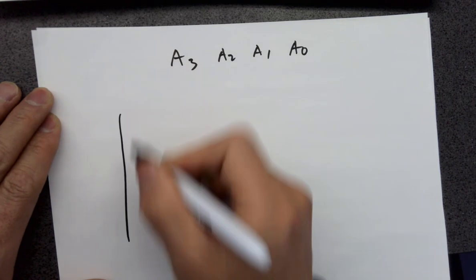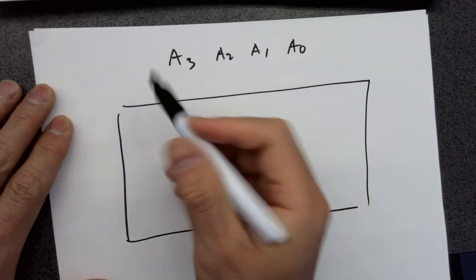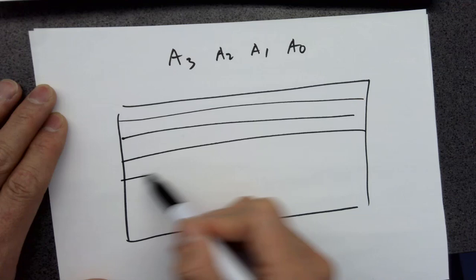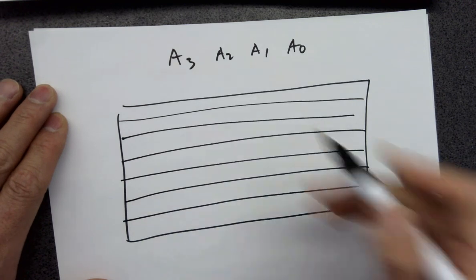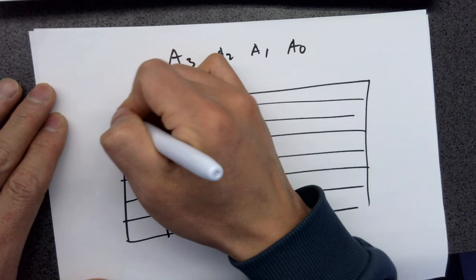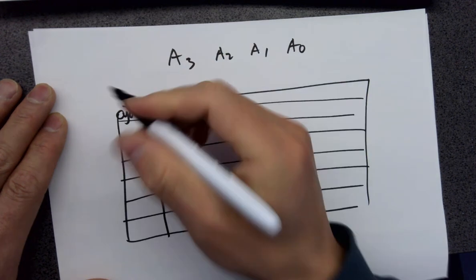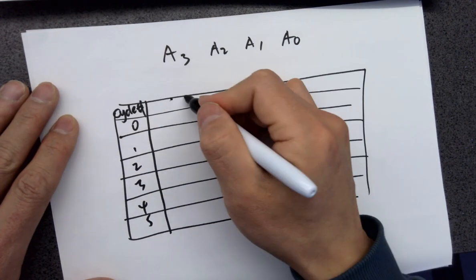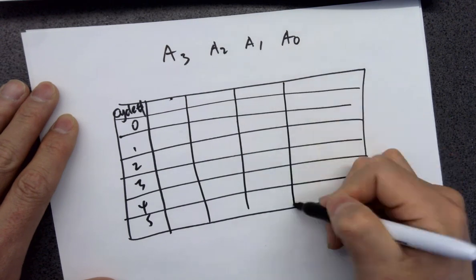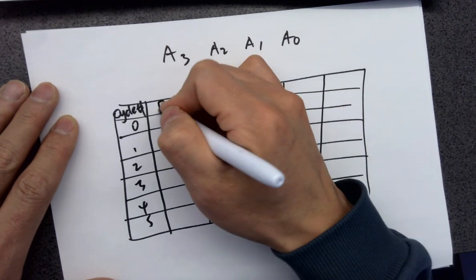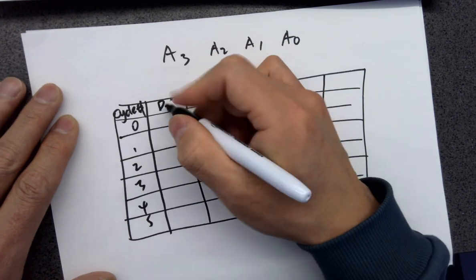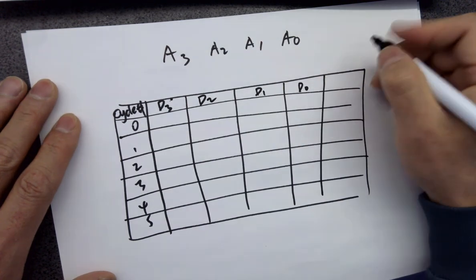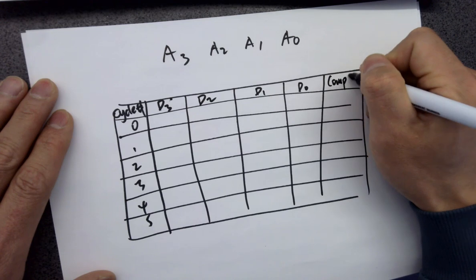If you draw a table here for all the results, D3, D2, D1, D0 are the outputs, and here's the comparator's output.